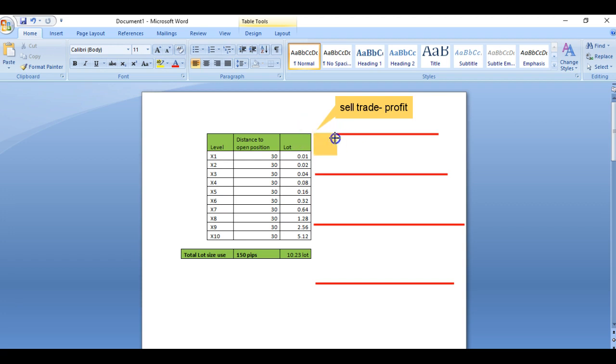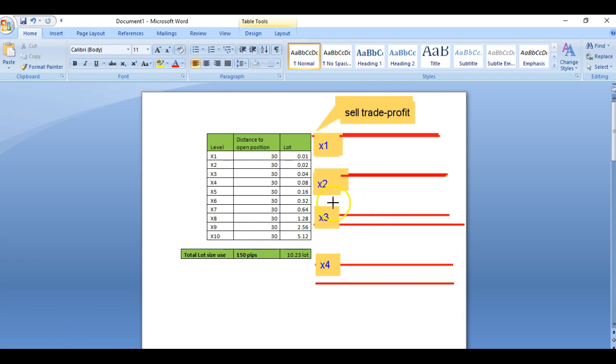So this is your X1, this is your X2, so times 2, times 3, and your times 4. Alright. So this is your sell trade, and it goes into profit. So your trade starts here, and this is your X1, so it will be going down, let's say it's profiting.